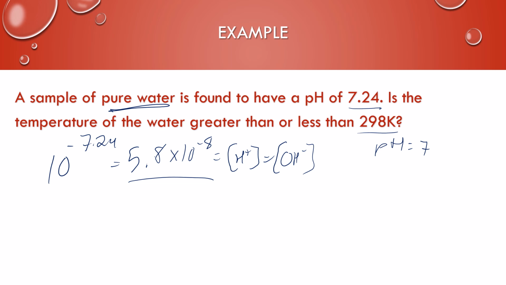These values are less than the 1.0 times 10 to the negative 7th concentration that you know would be at 298 Kelvin. And so because there are fewer ions, it must be at a colder temperature because less of it has dissociated.